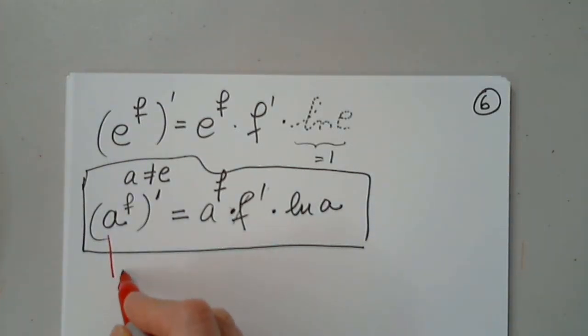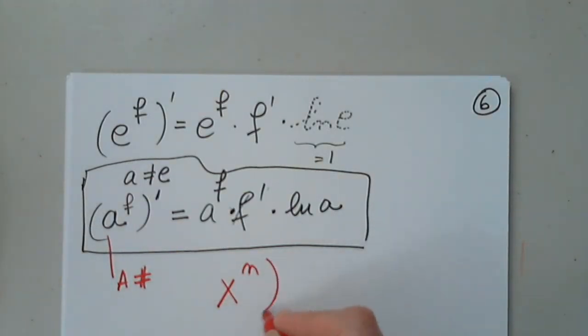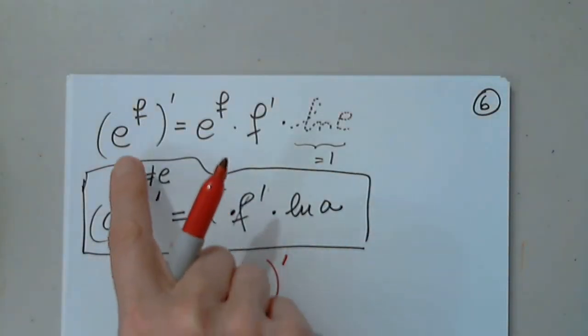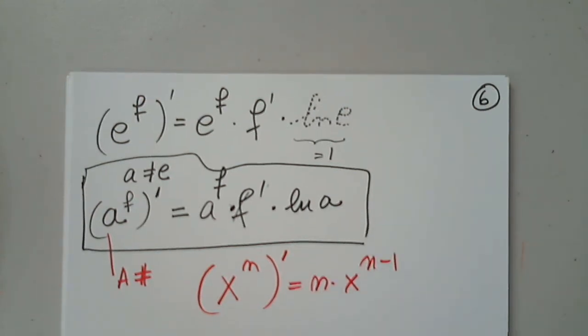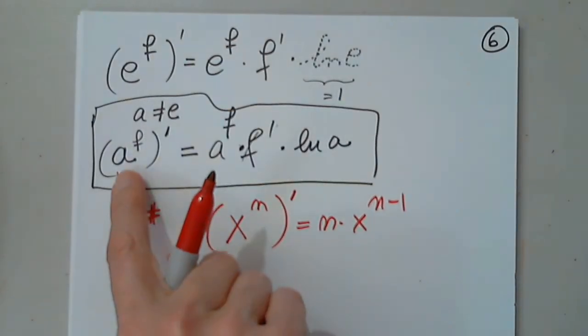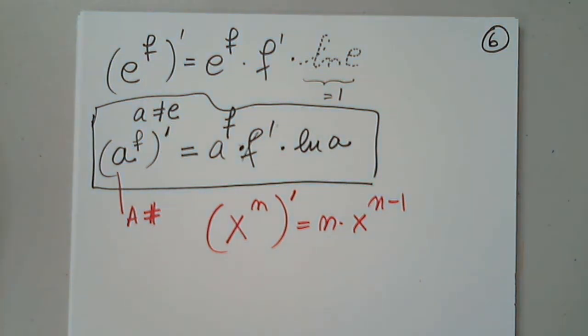Because this is a number. x is not a number. This is a number. x is the function. So this is n times x to n minus 1. This is a number. It follows a totally different rule.